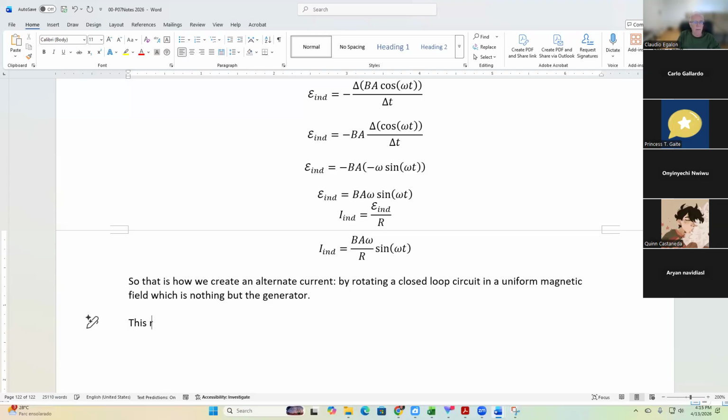This rotation can be accomplished in many ways. By a human hand. You can also couple this circuit to a treadmill, for instance, and walk over it.